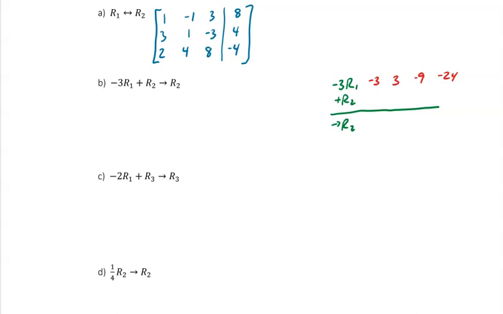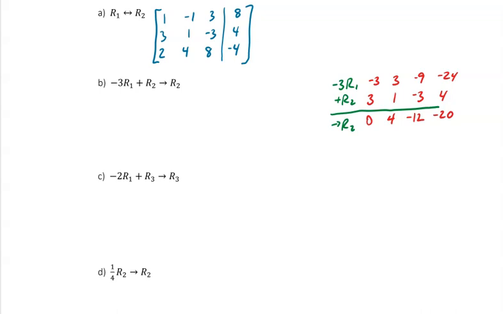Row 2 exactly how it is: 3, 1, -3, 4. And then we add up each column. So -3 plus 3 is 0. 3 plus 1 is 4. -9 minus 3 is -12. And -24 plus 4 is -20.